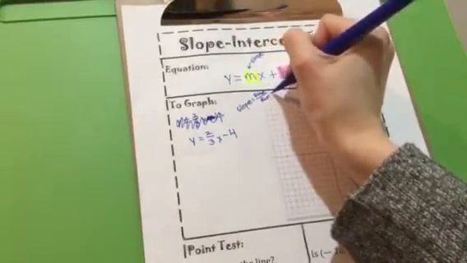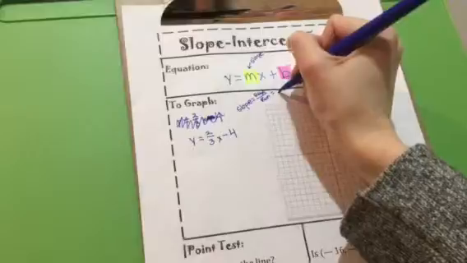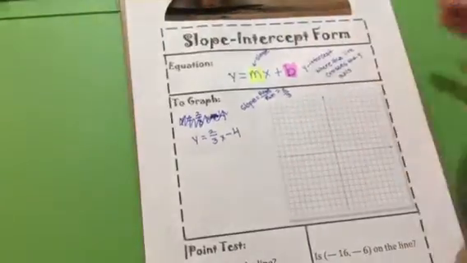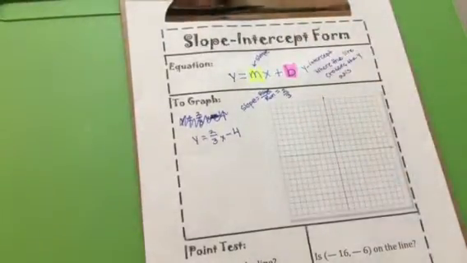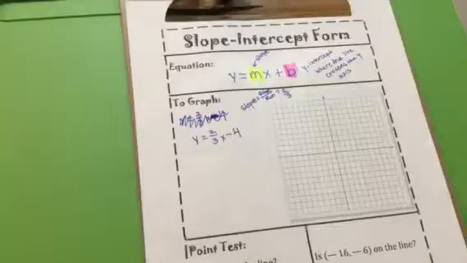So when I have it in fraction form, it's telling me I'm going up 2 and over 3. It makes it super simple. When we're dealing with a whole number, we have to remember that a whole number is written over 1, and so sometimes that can be a little confusing.